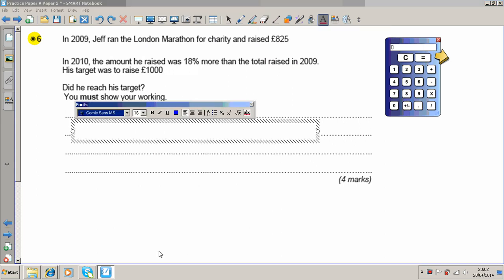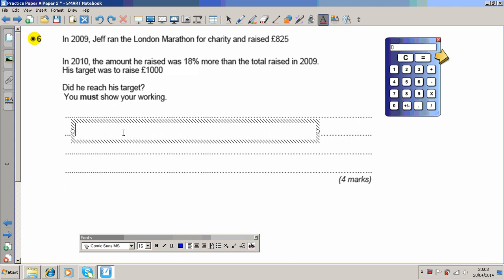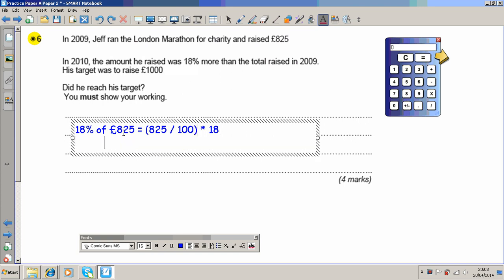Okay, again, different ways of doing this, but I would say 18% of £825 equals 825 divided by 100 times by 18. And that is going to tell me what 18% of it is.